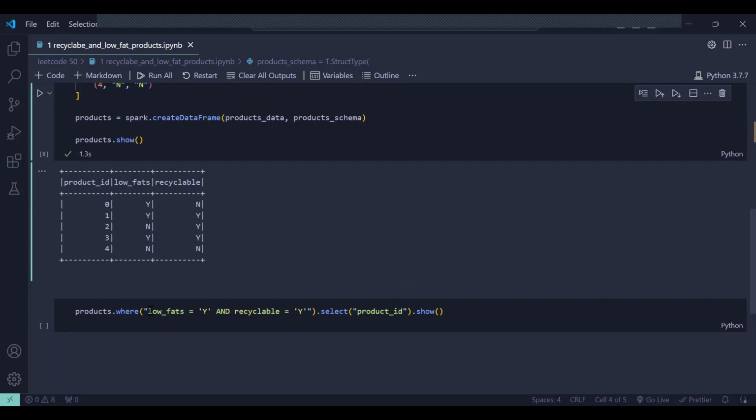So very simple. Then we are just selecting the product ID and returning it.